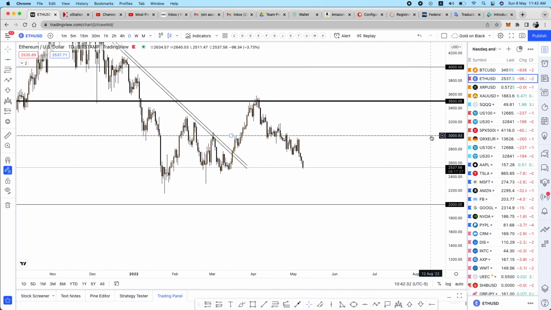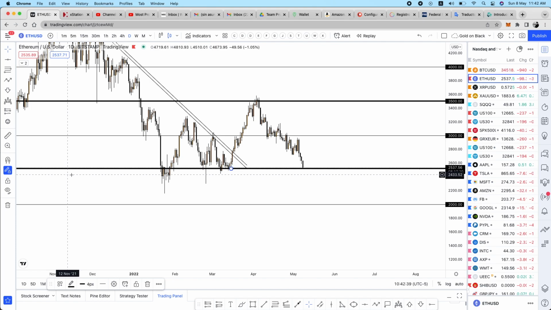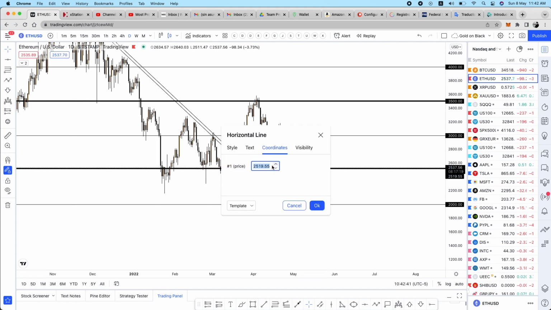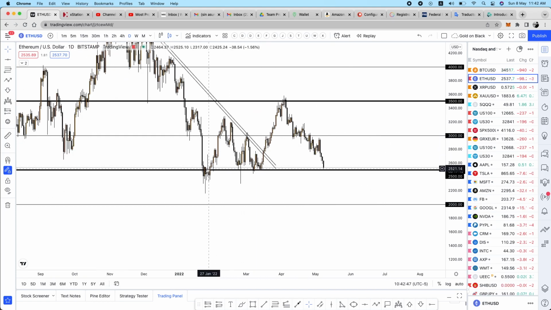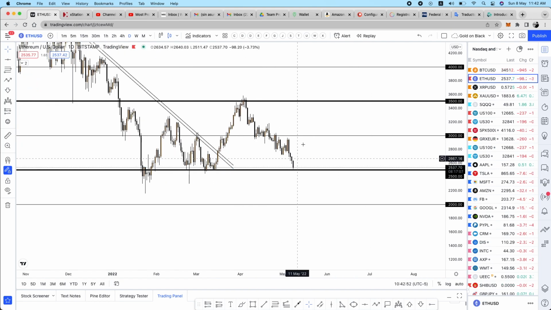Between the 3,000 and the 2,000, you can use the 2,500. Let me clone it, 2,500. Right? And there we go. You have a nice support at this psychological level. So let's see if the market will bounce right here or will break it and go back to the 3,000, to the 2,000.